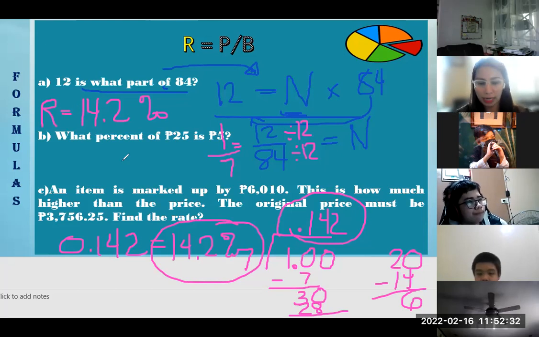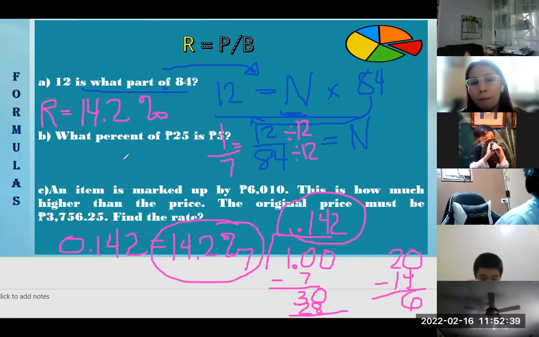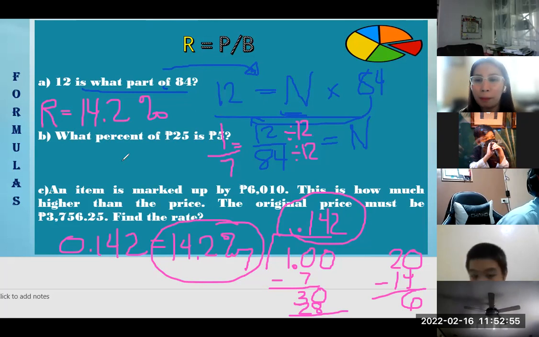Madami ba siyang process? Marami ba siyang steps? I think this is the correct step or correct way of computing. If you have any other ways na madali, please do share it para sa mga classmates nyo na nahihirapan. Pero I think this is the correct way na.